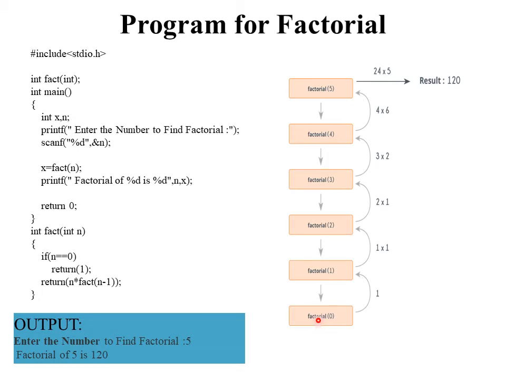Okay. Next, when we get 0, we recheck if n is equal to 0. So here we return 1 because the condition is true.